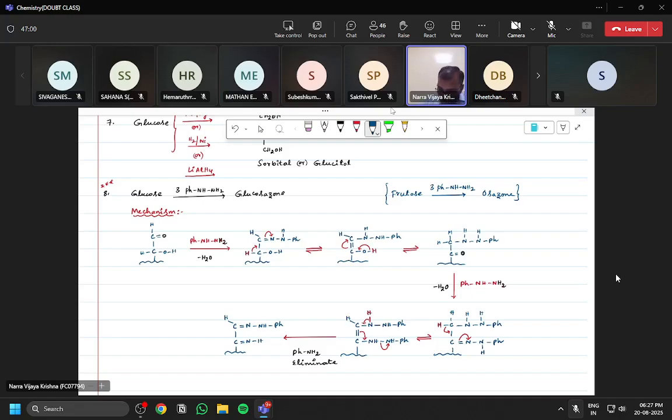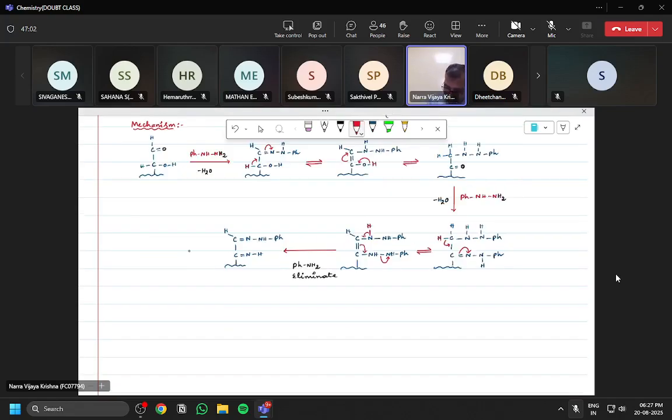Now I am taking the third mole of phenylhydrazine. So from here NH2 group, and from here hydrogen. I am removing NH3. If NH3 is lost, the remaining thing I am writing.